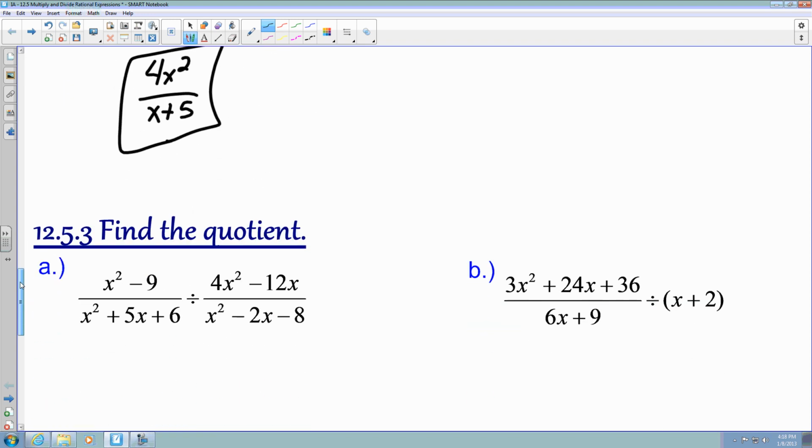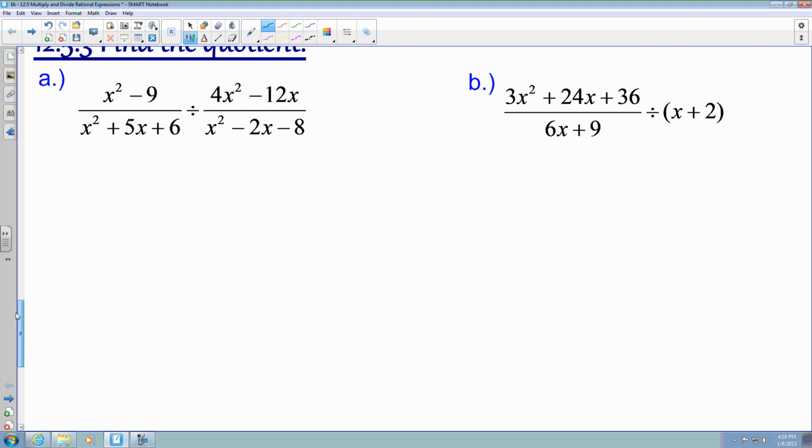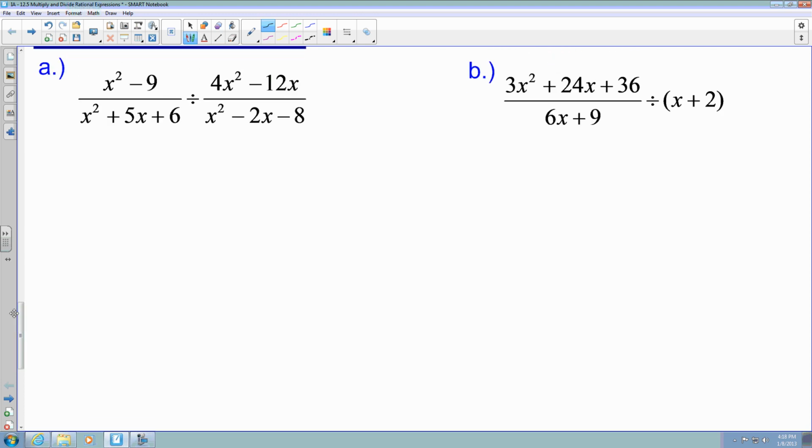Let's look at some quotient problems. So, again, if you're dealing with fractions with division, all we do is multiply that second fraction by its reciprocal, and then same rules apply once we get it as a product.